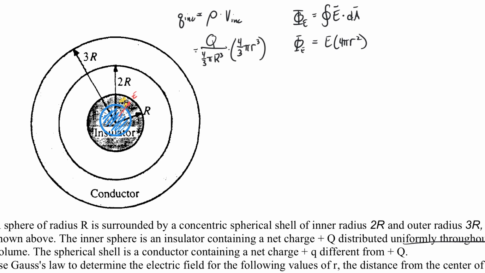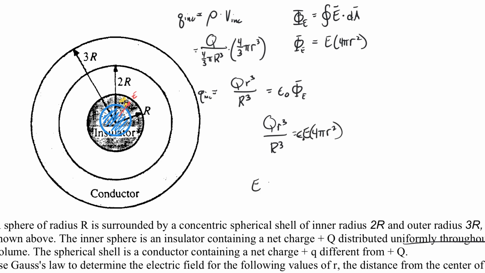So we put all these things together, and the Q enclosed cancels out the 4/3 and the pi. My charge enclosed is going to be Q r cubed over big R cubed. So that has to equal epsilon naught times the flux. So Q r cubed over big R cubed equals epsilon naught E times 4 pi r squared.